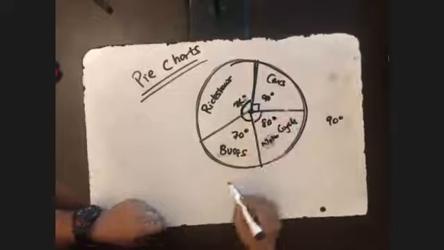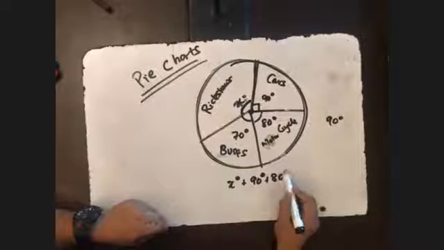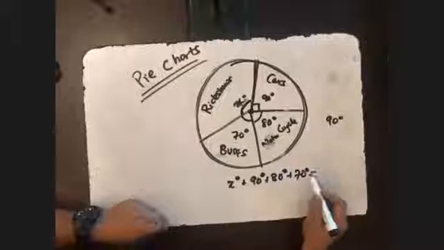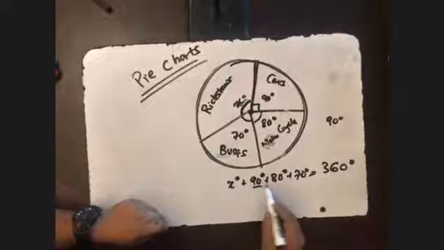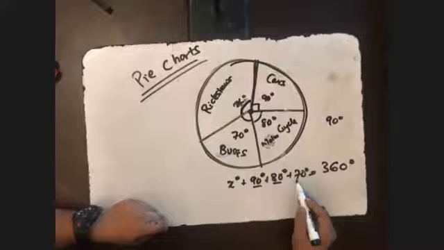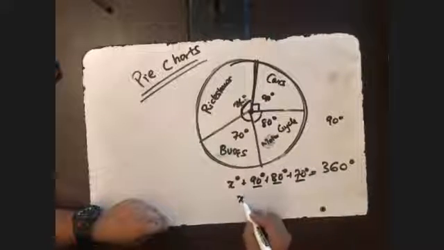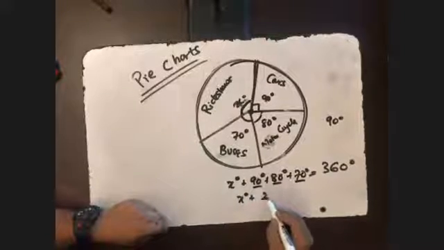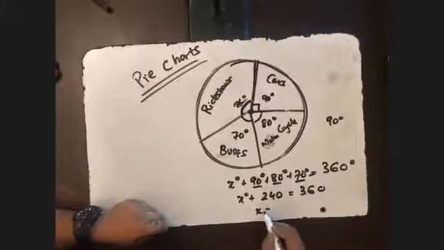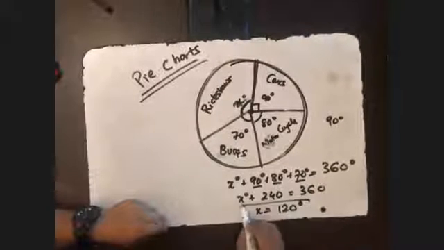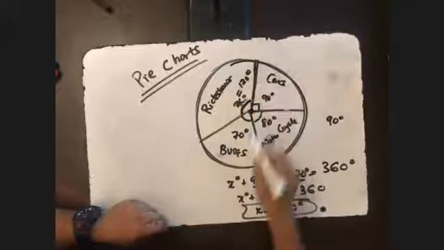So what we do is we do X plus 90 plus 80 plus 70 should be equal to 360. 90 and 80 is 170. 170 and 70 is 240. X plus 240 is equal to 360. Therefore, X is equal to 120 degrees. Congratulations. This baby turns out to be 120 degrees.